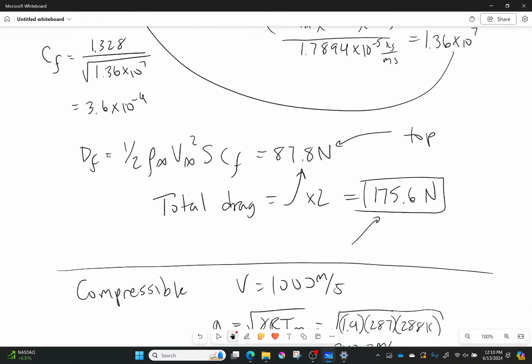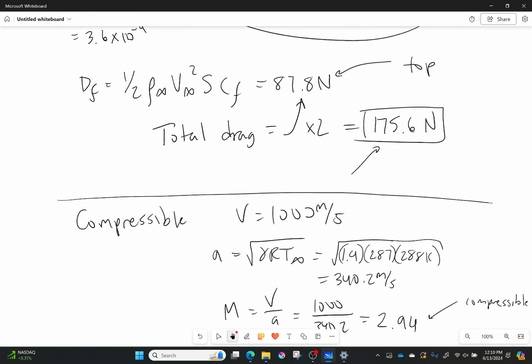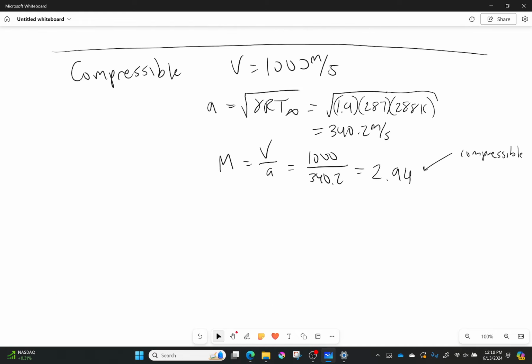So going back way up here, you see that I have this equation. Actually, I'll just write down here again. So for incompressible, I have CF is equal to 1.328 over the square root of my Reynolds number.